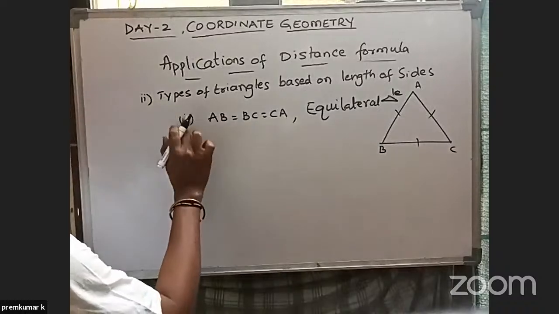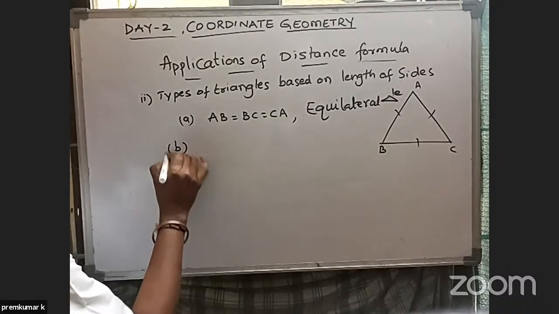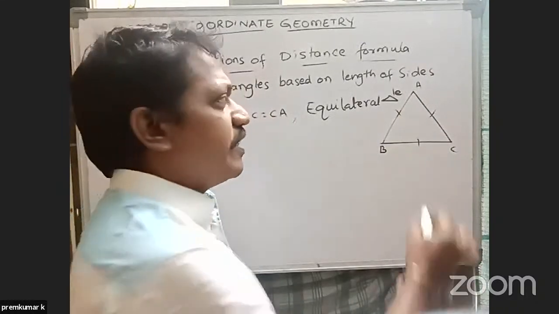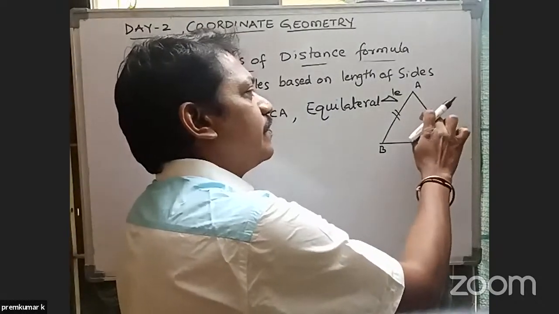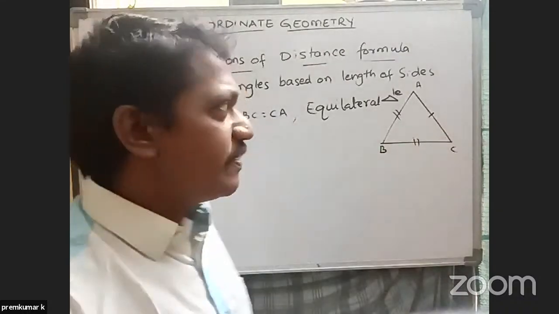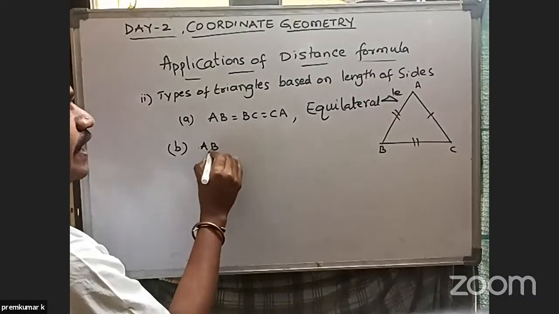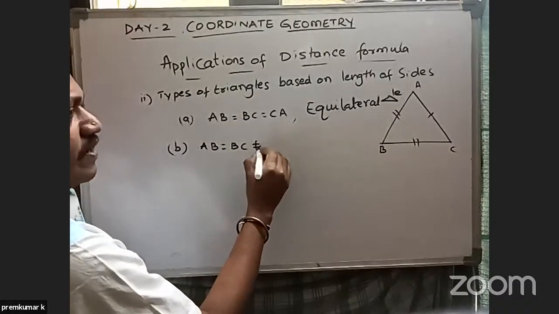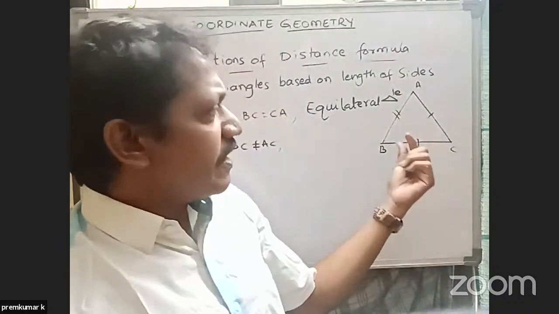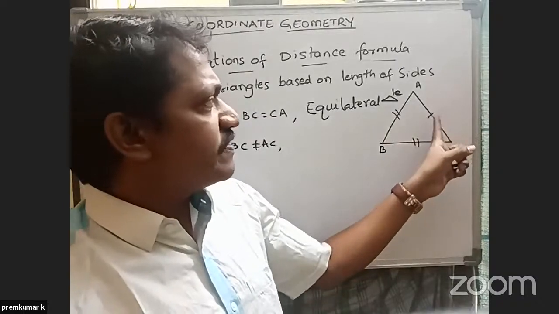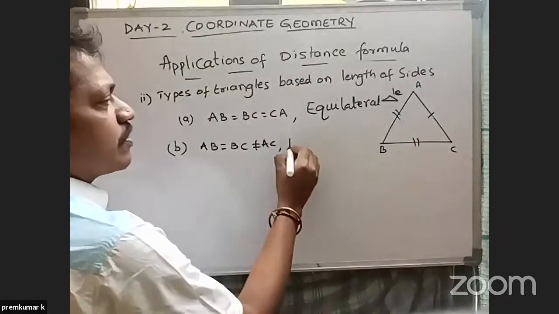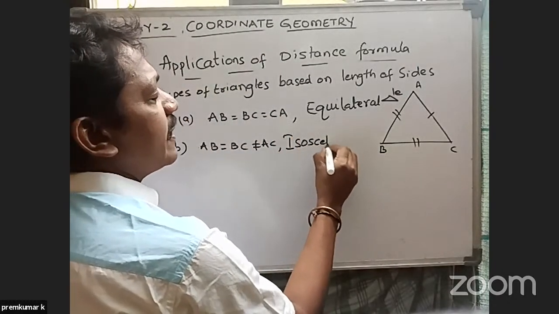In the same way, if you find the lengths of all these 3 and get 2 sides equal, another different, that is, AB is equal to BC, not equal to AC, 2 sides are equal. Any 2 sides may be equal: BC equal to AC or AC equal to AB. Whichever 2 sides are equal, it is called an isosceles triangle.